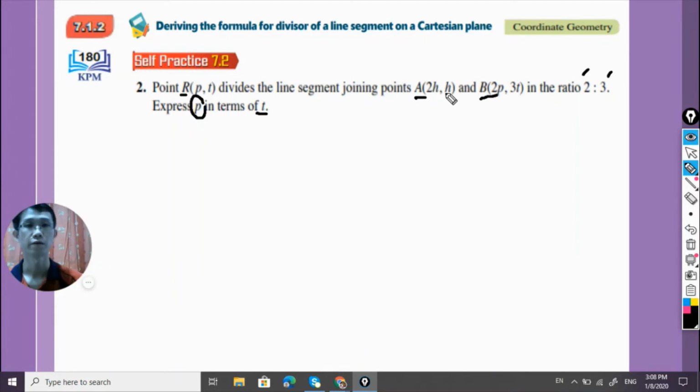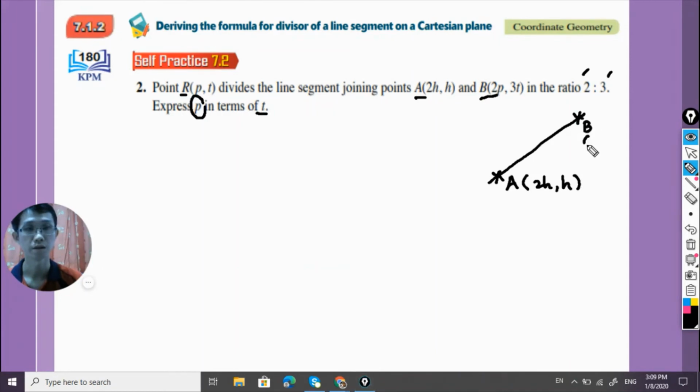First of all, as usual, try and sketch. Roughly sketch a line segment like this. Since we do not know the exact value of the coordinates, we just simply draw to get an idea of how they are.